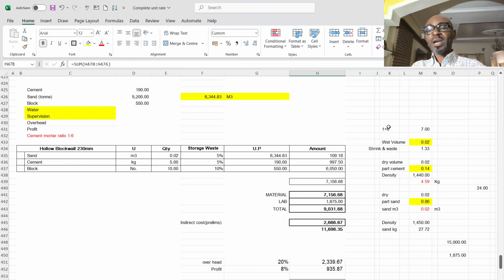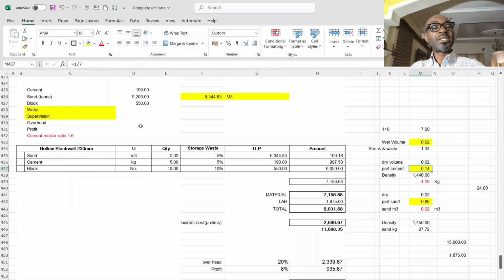So if you have this format, the only thing you need to always modify is this highlighted area. If it is a 6 inches block, you change whatever you need to change here to compute your volume of mortar.